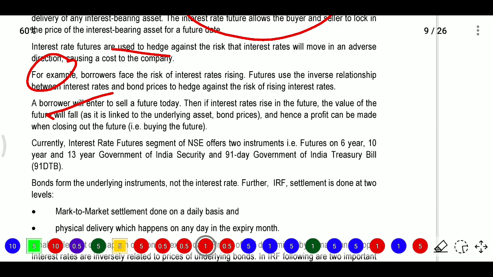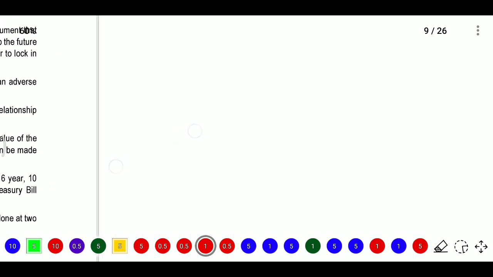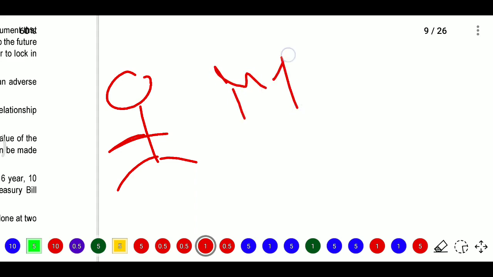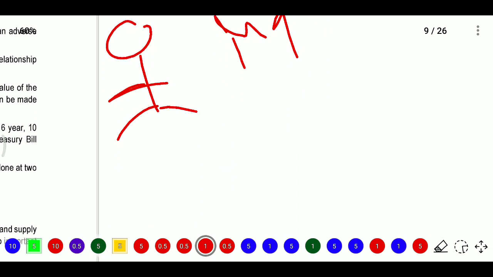So what the example is taking here, I will give some figures. Firstly, a borrower needs to face some interest rate risk when it is rising, it is normal. In some cases futures use the inverse relationship between interest rates and bond prices. So here you are entering into futures now.